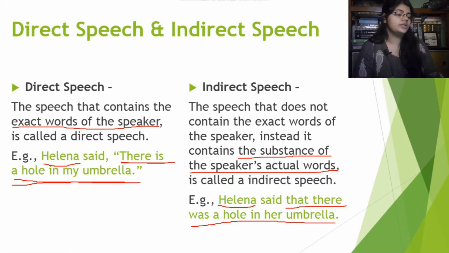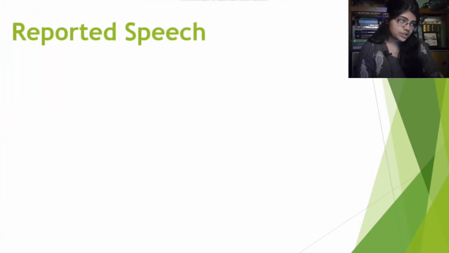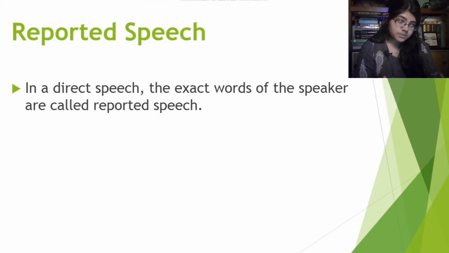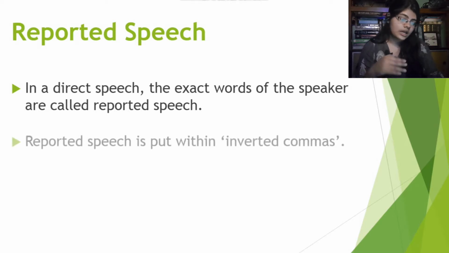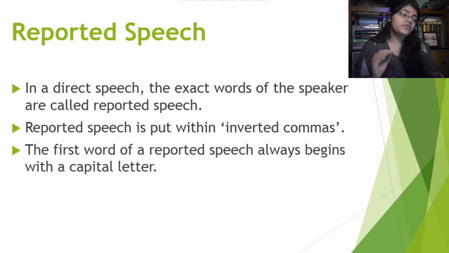Now the next thing that we need to know is reported speech. What is a reported speech? In a direct speech, the exact words of the speaker are called reported speech. Next, reported speech is put within inverted commas. The next point, the first word of a reported speech always begins with a capital letter.